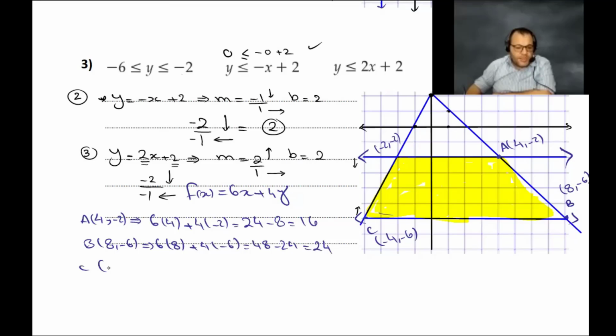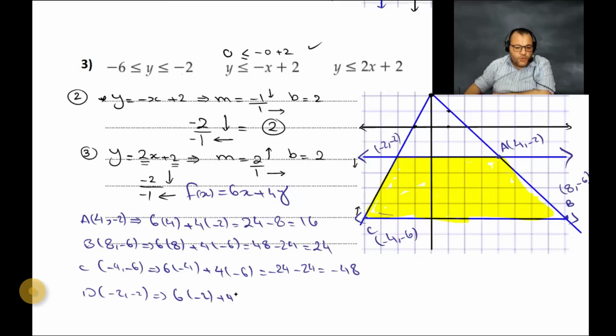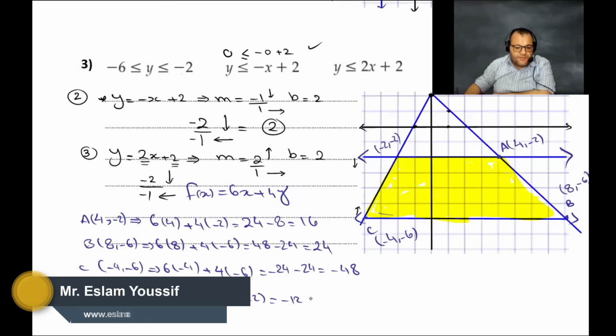C, which is negative 4 and negative 6, so it will be 6 times negative 4 plus 4 times negative 6, so it will be negative 24 minus 24, which equals negative 48. And D will be negative 2 and negative 2, so we have 6 times negative 2 plus 4 times negative 2, which is negative 12 minus 8, which is negative 20.